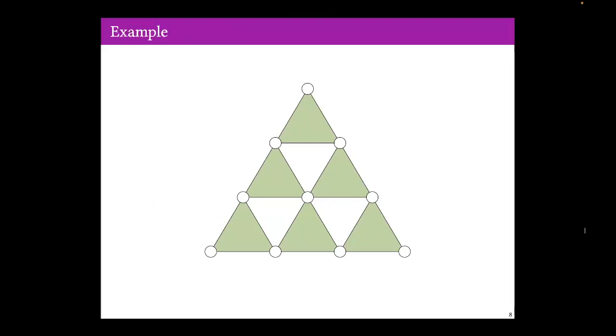Let's consider some example. Look at this instance where every triangle represents a constraint. We can find some set of variables that intersects every constraint at an even number of positions. Let's consider, for example, these blue variables. If you look at it, every triangle intersects only an even number of blue circles.